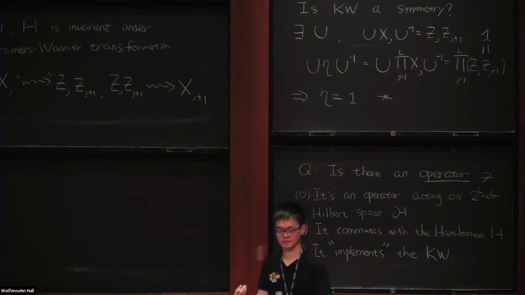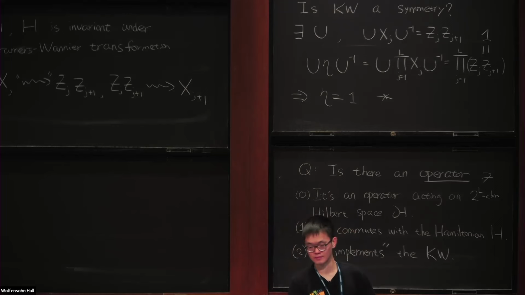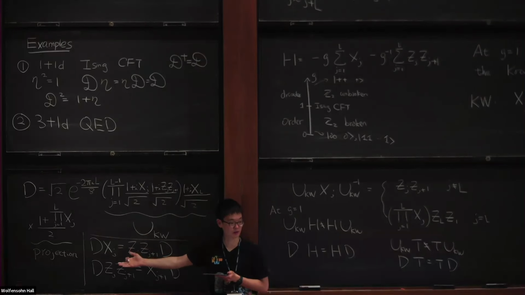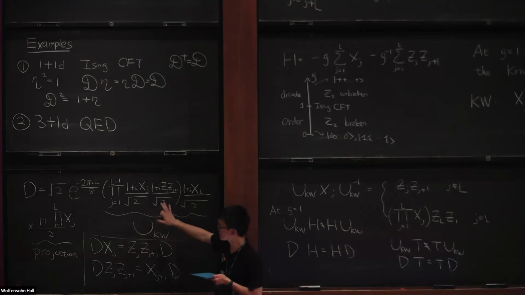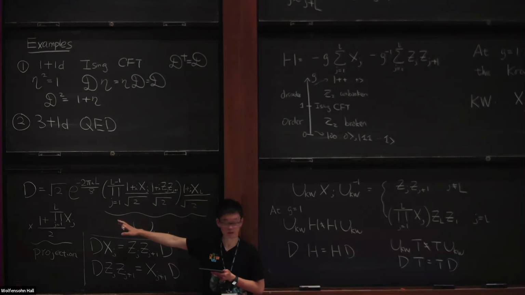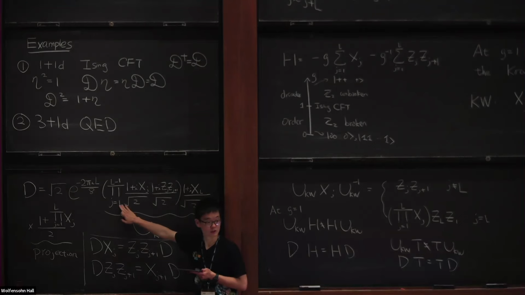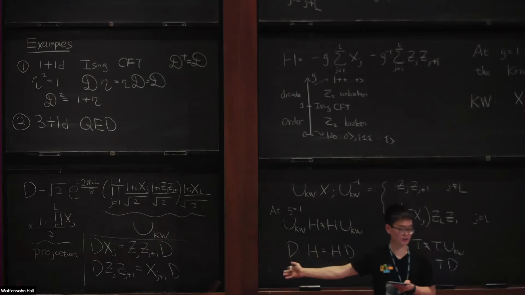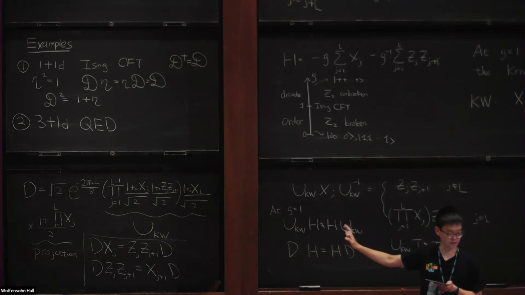If the starting point is different, is it the same? J doesn't start on one. Good. So for the U_KW, it's not translationally invariant. So if you start from 1, you get one operator. If you start from 2, you get a different operator. The claim is that for this operator D, it doesn't matter where you start. It's not manifestly obvious from the expression I wrote, but it's a true statement.